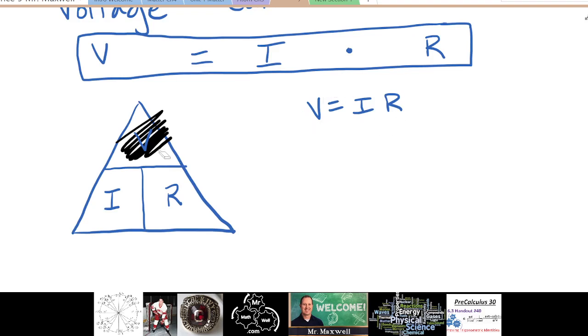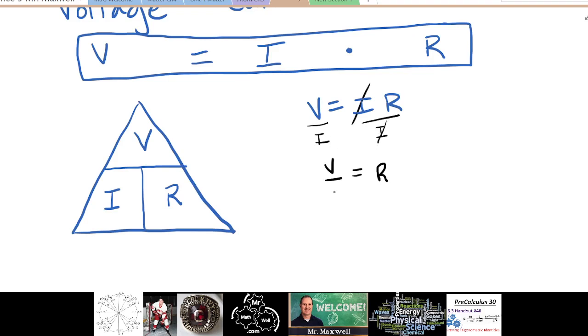Now, if I want to find out what R is, mathematically I would divide both sides by I, and I would get R equals V divided by I, because the I's are divided out.